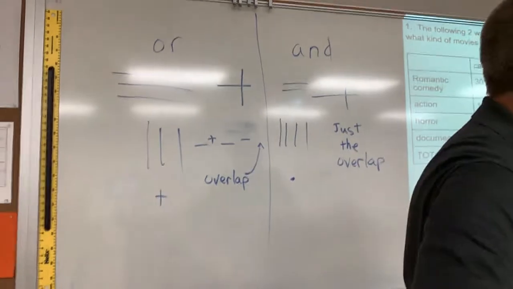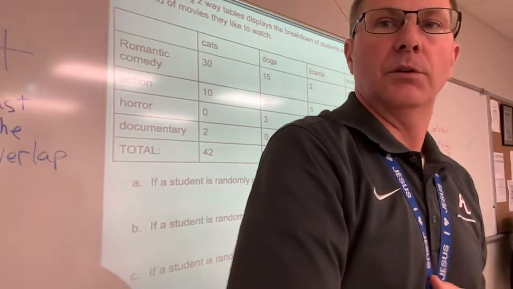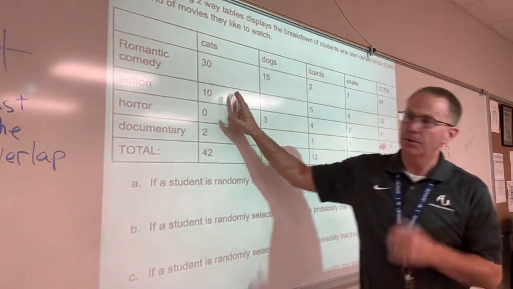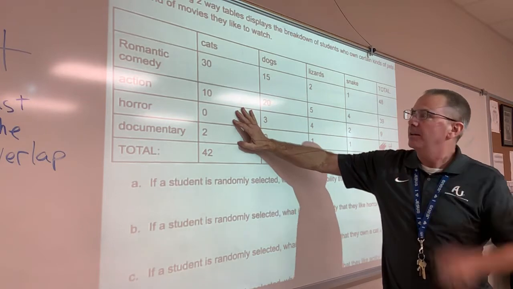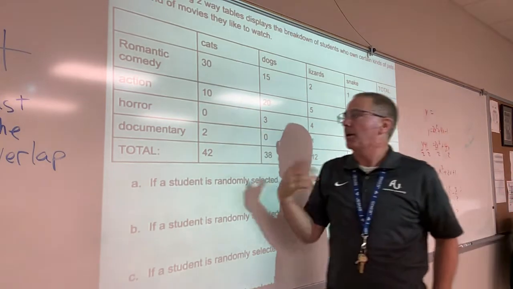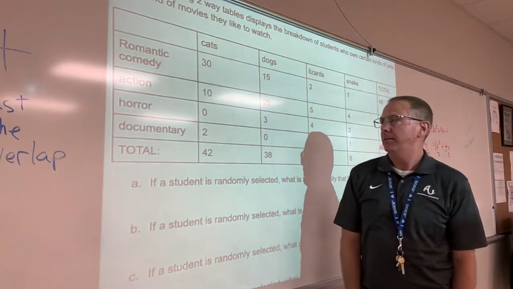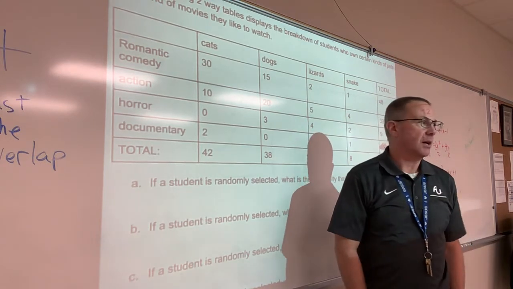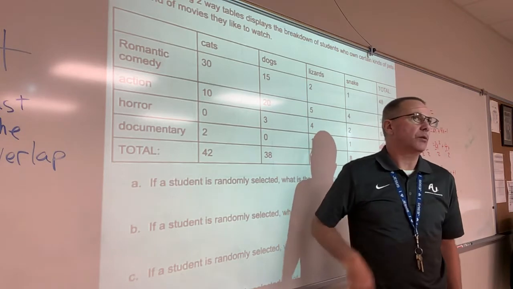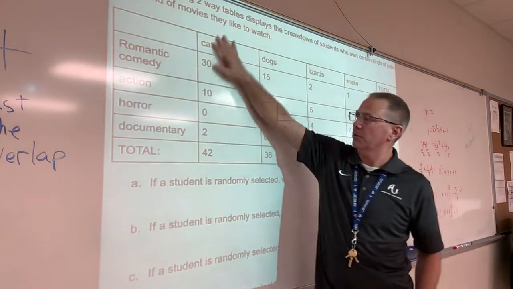So let me do a quick review so it makes sense what we're doing today. If I just said I want to know the probability that, being a cat owner, you like romantic comedy, what that is saying is I only want to look at the people who own cats.